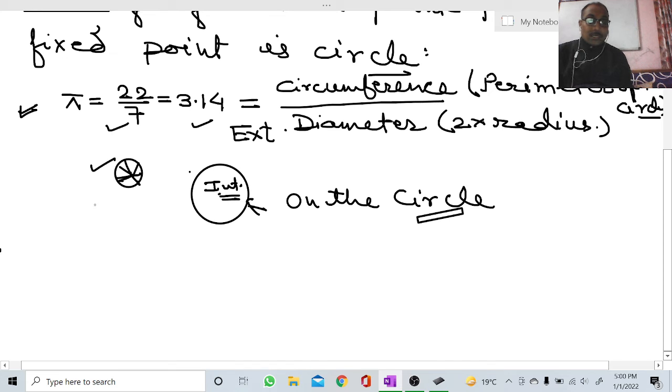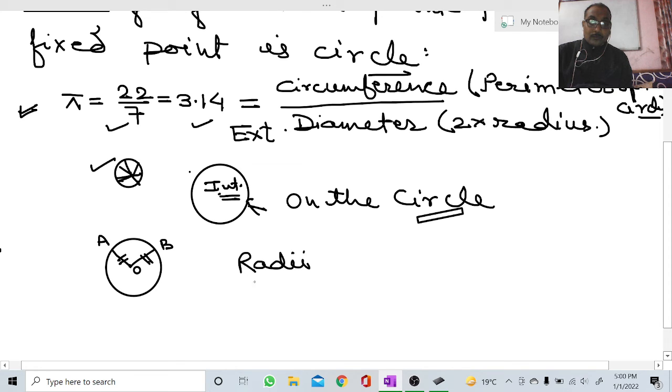See, now we have to see the circle. O is the center. OA is one radius. OB is another radius. Then these two radii. The plural word of radius is radii. All the radii will be equal because of constant distance from the center to the circle.